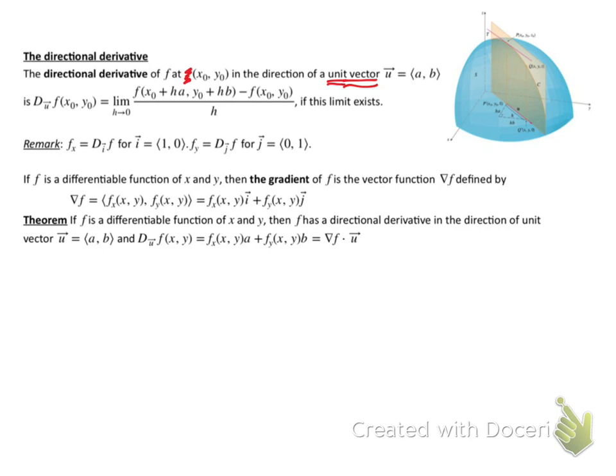So you slice it at this point, along that direction, vertically. It will open up your space with a certain curve. I'm trying to shade it. Yeah, that's the curve at this point, remember? So then the directional derivative is the slope of the tangent line, pretty much.